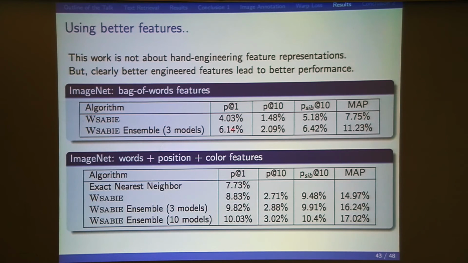So we went from this 6% P1, which is the best thing we had with our ensemble, up to 10% with this better feature representation and an ensemble as well. So that's just to show that if you keep these very simple, shallow models, then you're really reliant on your hand engineering. You have to do that well.